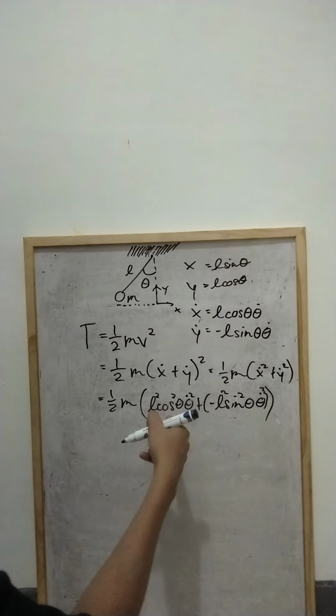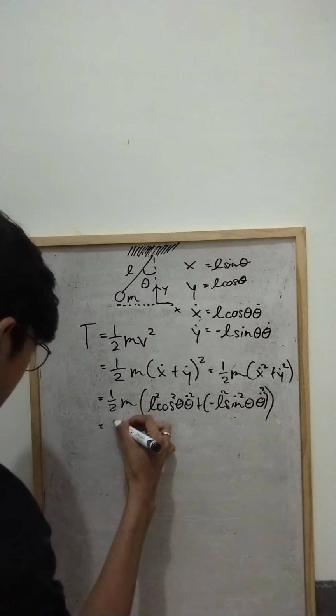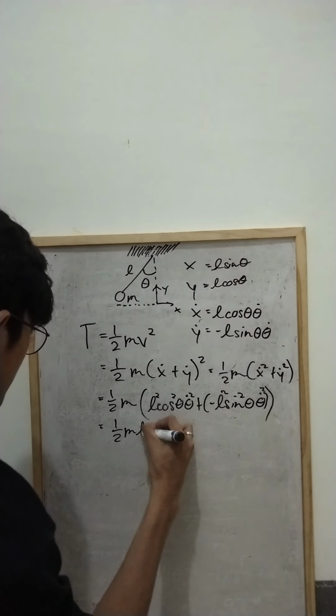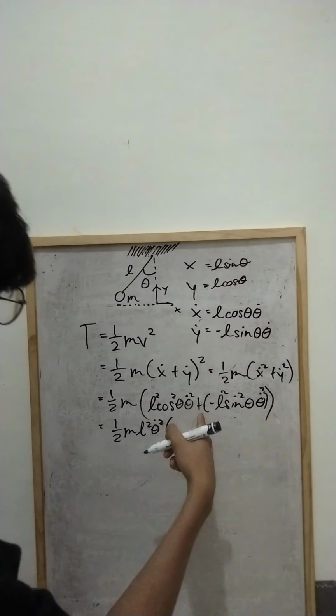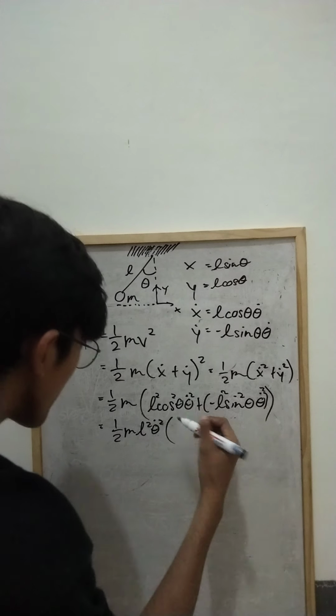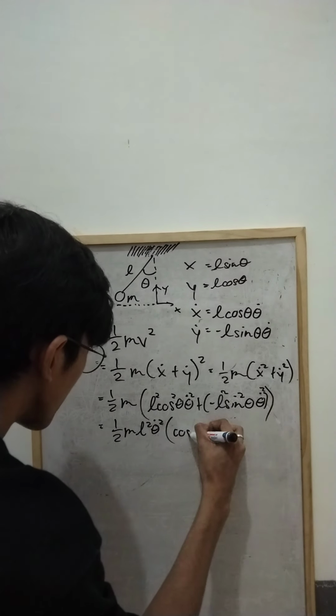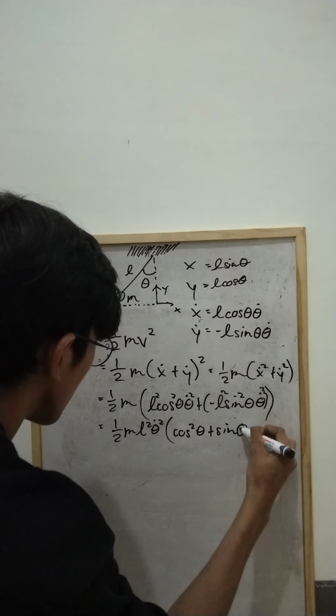Okay? So we can factor out the constants, 1/2 of ml squared theta dot squared, and what we're left with inside. And always remember that positive times negative is equal to positive. So we're left with cosine squared theta plus sine squared theta.